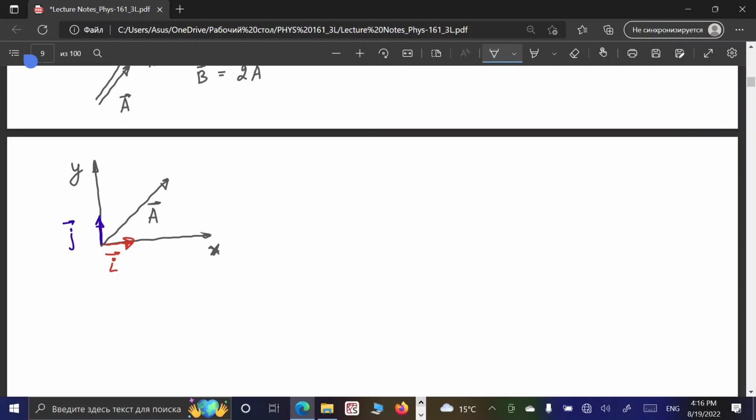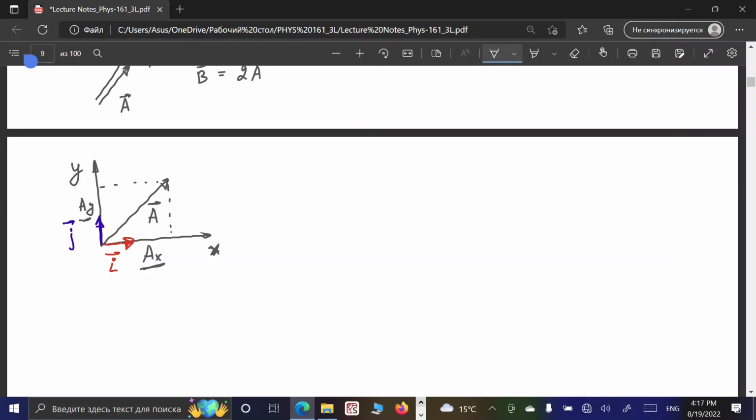How do we split it? We have some projection of this vector A on axis x and y. So we consider here projection of vector A on axis x, A_x, and here projection will be A_y. Keep in mind that this A_x and A_y are just scalar numbers. It's just length of this projection of vector on axis x and y.